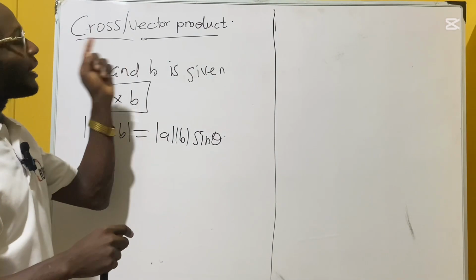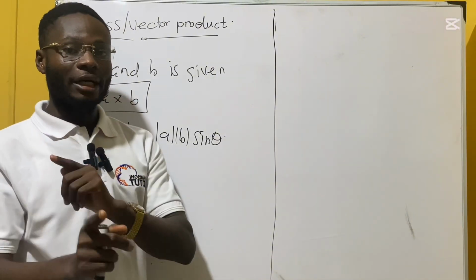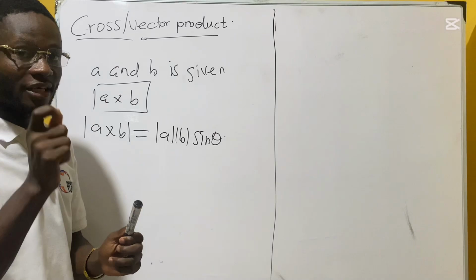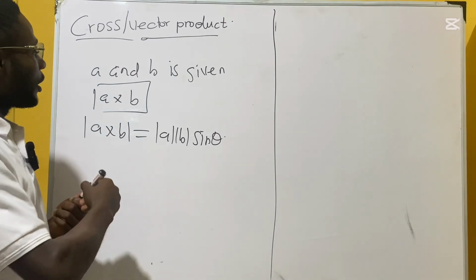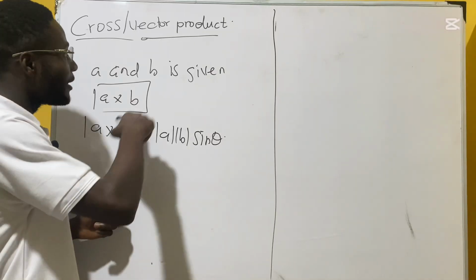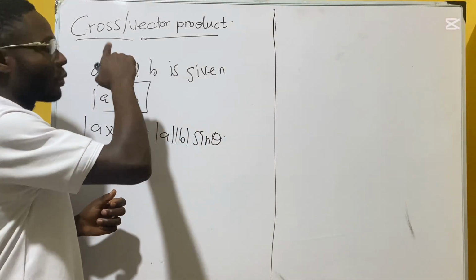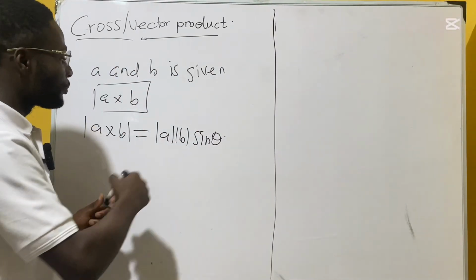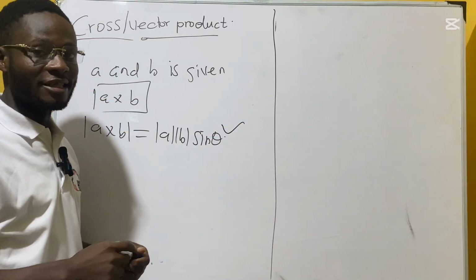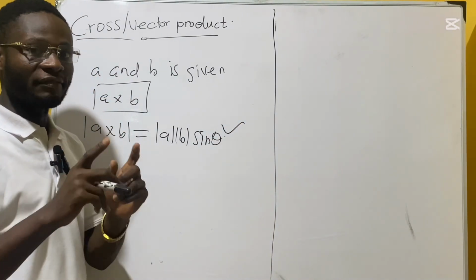So look at this in the dot product. You see, in the dot product, it's cos theta, all because we were dealing with dot product. And this is vector product or cross product. So in this instance, that is when you use the sine theta. So note the difference.